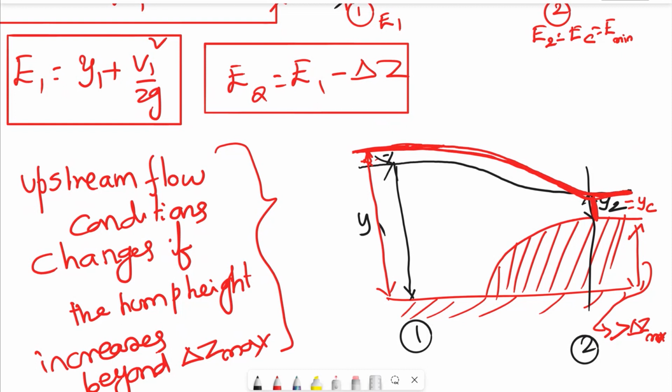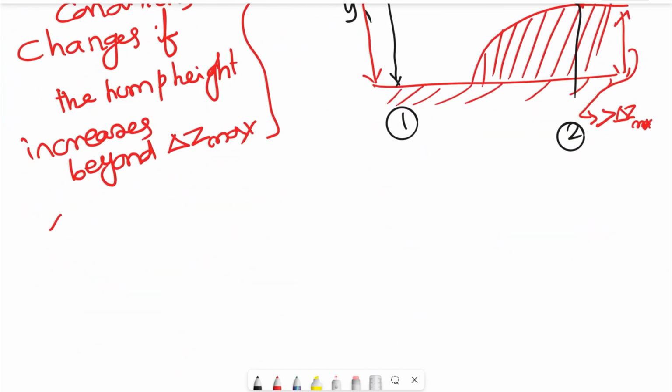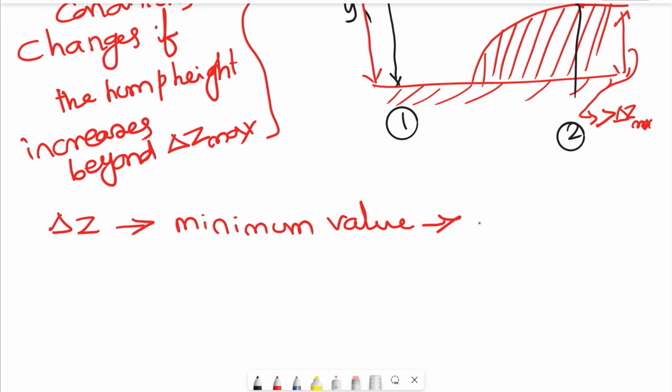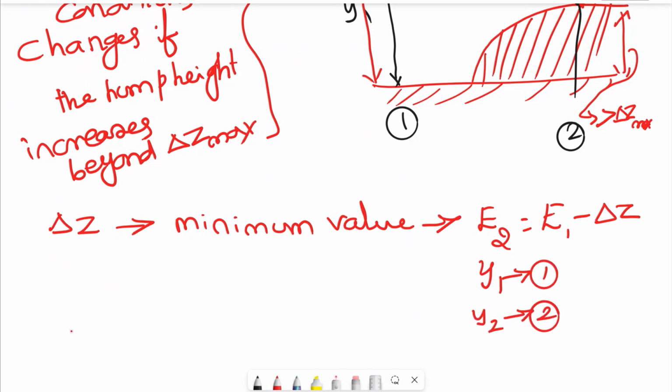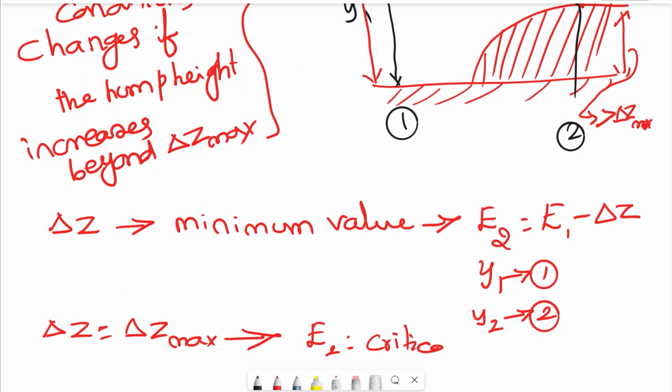So the initial condition is some delta Z of minimum value. At that state, what is the condition? E2 is equal to E1 minus delta Z, with Y1 at the first section and Y2 at the second section. This is the first condition. If delta Z becomes delta Z maximum, then naturally E2 becomes the critical flow section.